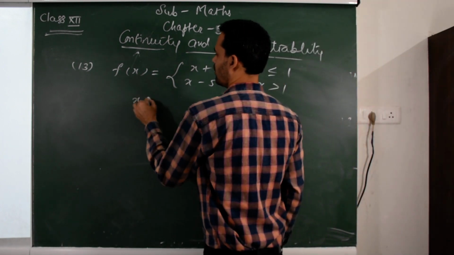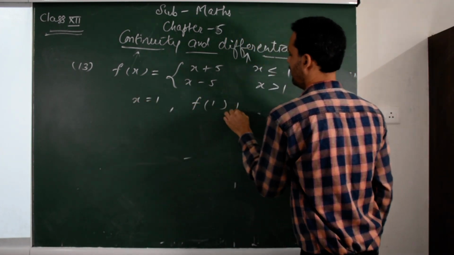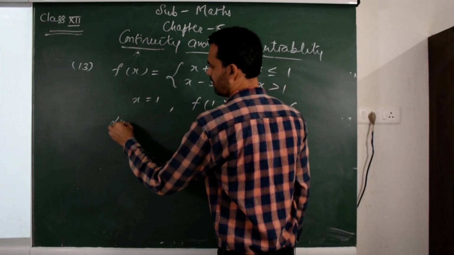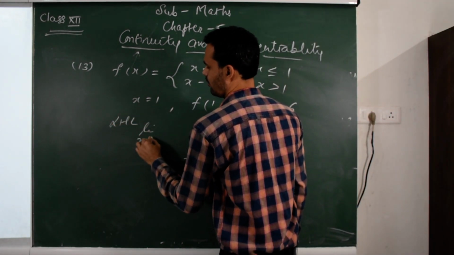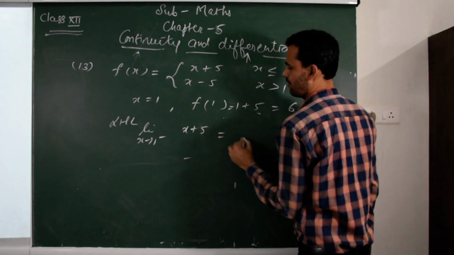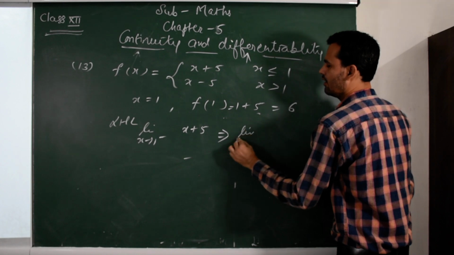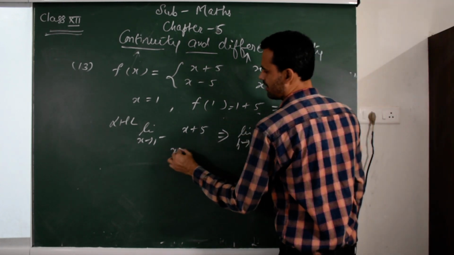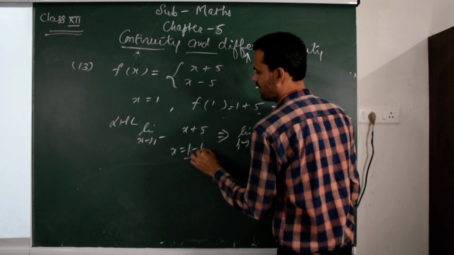So x equals 1, f(1) is 1 plus 5, its value is 6. LHL, limit x tends to 1 minus, the function is x plus 5. How much less? h less.